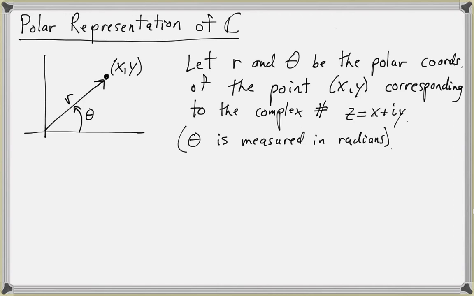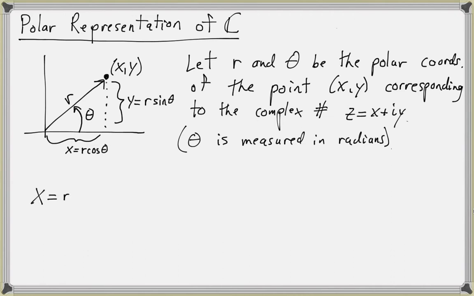So if we look at the relationship between x and y and r and theta, we can see that if I create a right triangle where the vector is the hypotenuse, then the height y of this point is given by the formula r sine of theta, and the rectangular coordinate x is given by r cosine of theta.